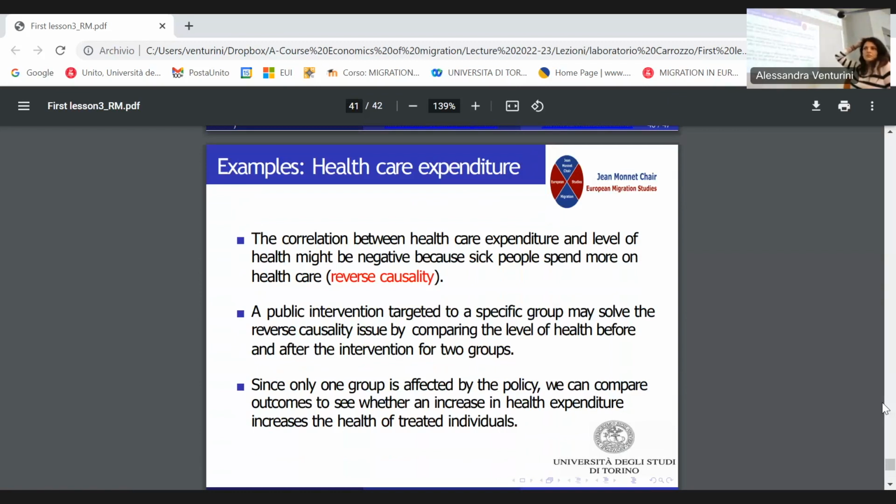You need a counterfactual. You need another group that is not treated, so is not receiving the same treatment. Since only one group is affected by the policy, we can compare outcomes to see whether an increase in health expenditure increases the health of treated individuals.